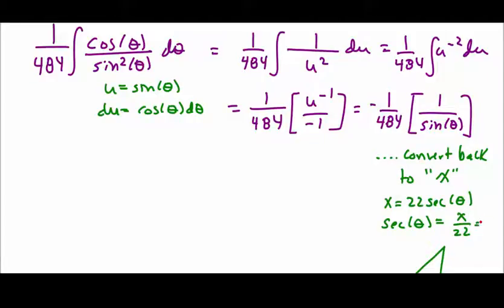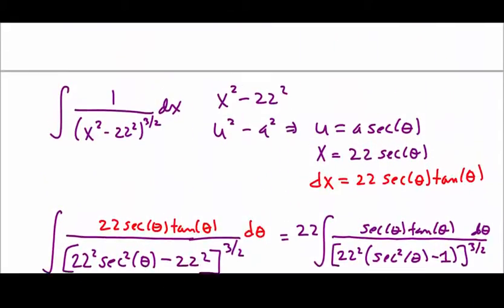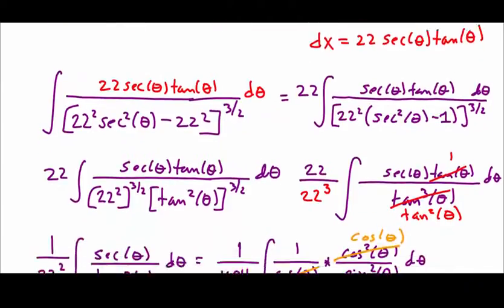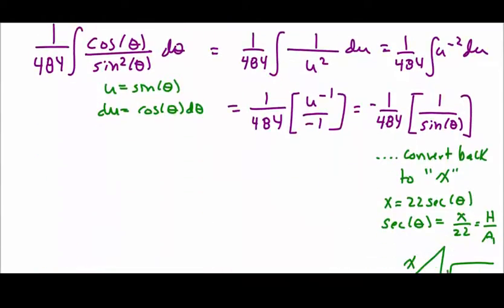Cosine is adjacent over hypotenuse, so this is hypotenuse over adjacent. So hypotenuse over my adjacent leg. And this missing side then would be equal to, and again we can come up here and have a look, it should have something to do with x squared minus 484. And indeed, it is x squared minus 484 if I use Pythagorean theorem to solve.